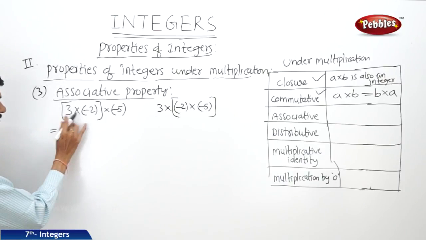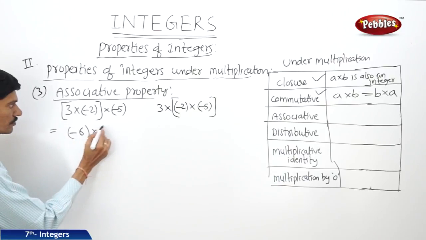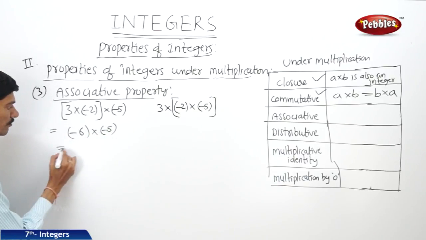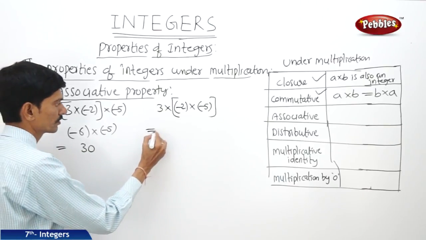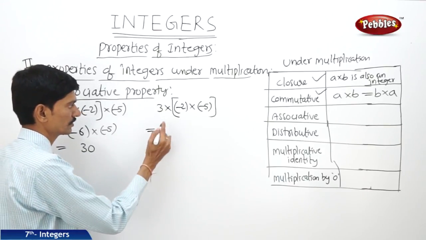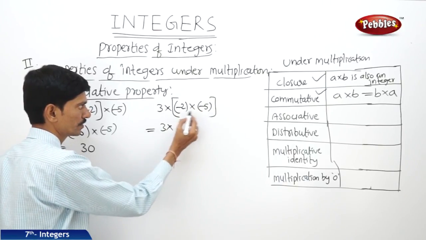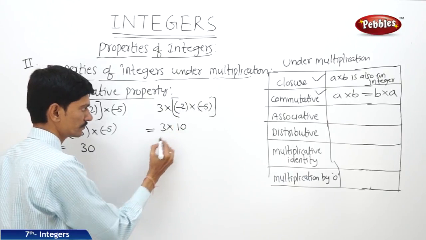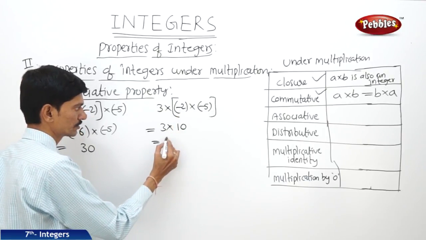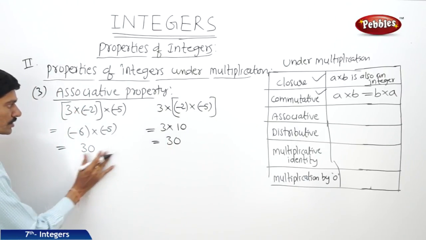Now we will multiply these two first. So 3 into minus 2 is minus 6, into minus 5. Then minus 6 into minus 5 is plus 30. Now let us find the multiplication in the second case. As minus 2 and minus 5 are grouped here, we multiply these two. Minus 2 into minus 5 is 10, then 3 into 10 is 30. So we get the same product in both cases.